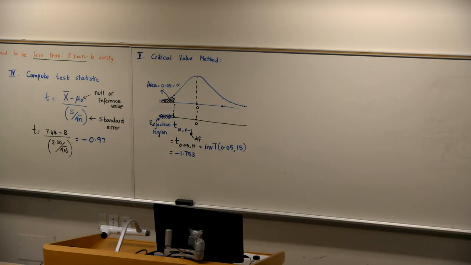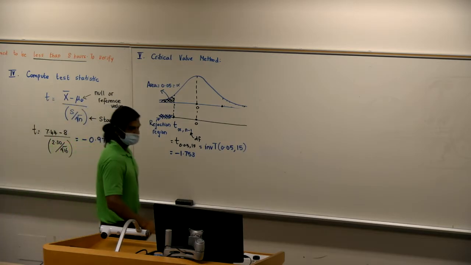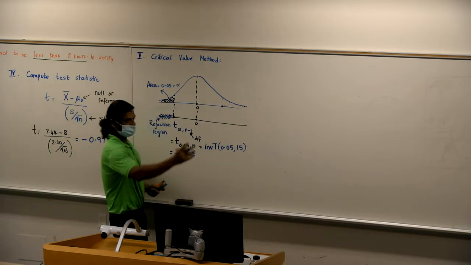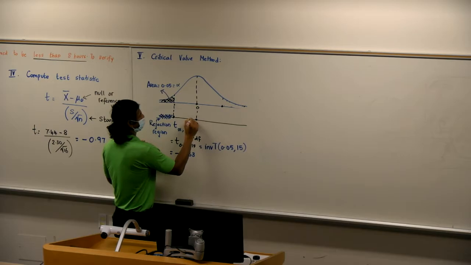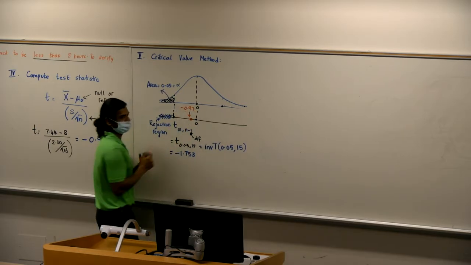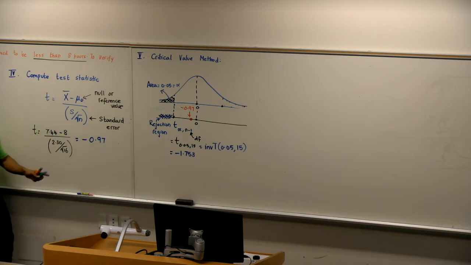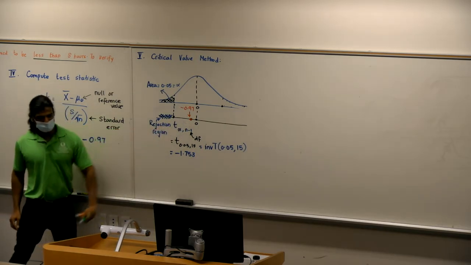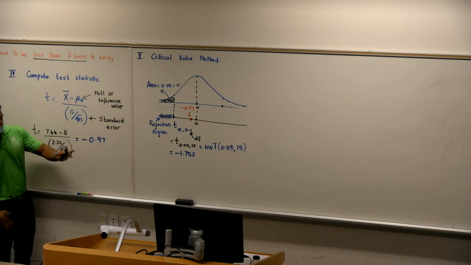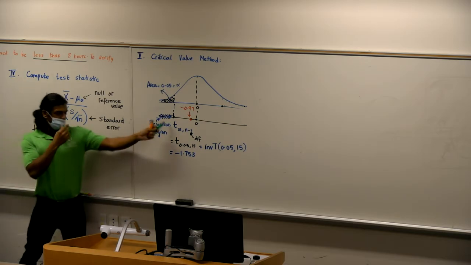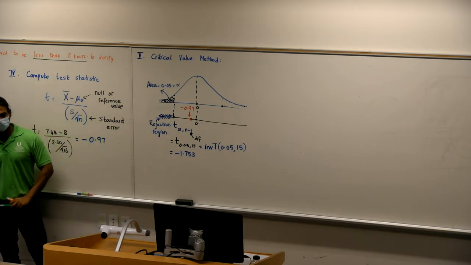So we go back to step 4 and look at the test statistic, and that value happens to be negative 0.97. So get your binoculars ready. So negative 0.97. So the test statistic is right there. The rejection region is any interval below negative 1.753.